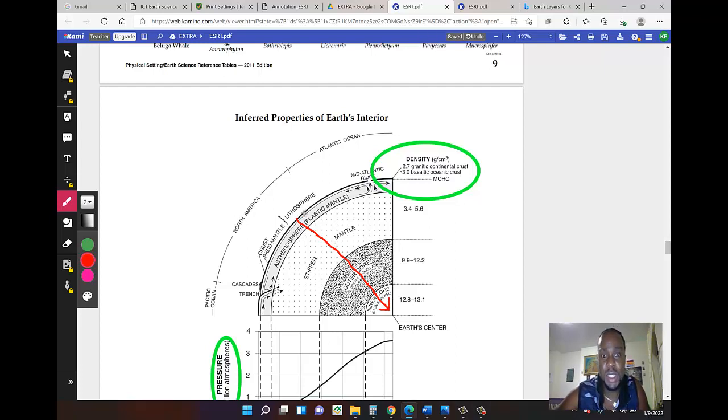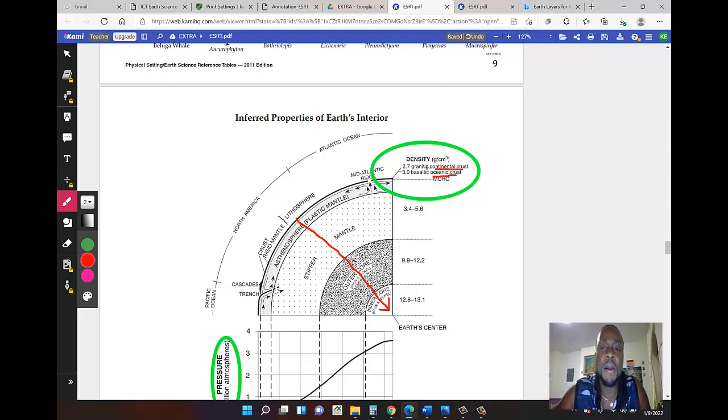The Earth crust itself, if you study it this way, is made up of two kinds. The first one is the continental crust, which is the part that makes up our continents: Africa, North and South America, Europe, Asia, India. Then the other part is the oceanic crust, which is the crust beneath the ocean.